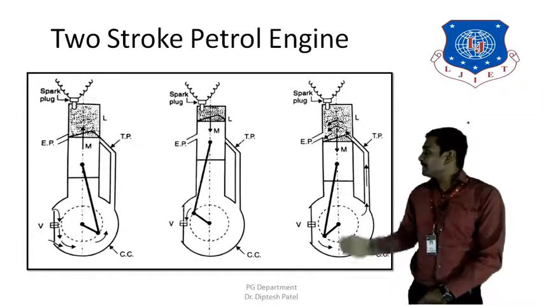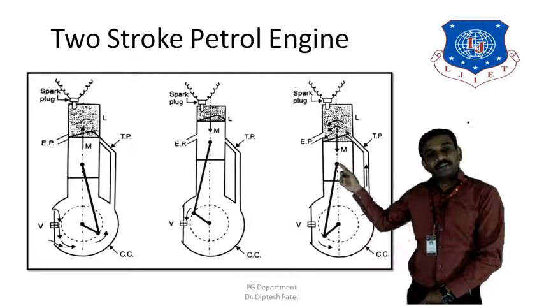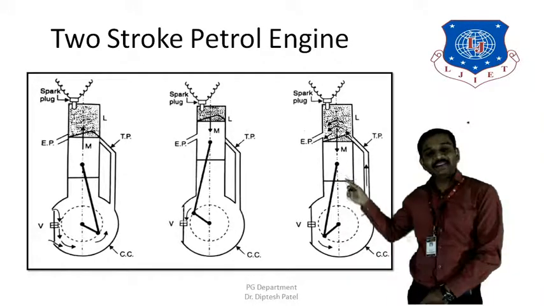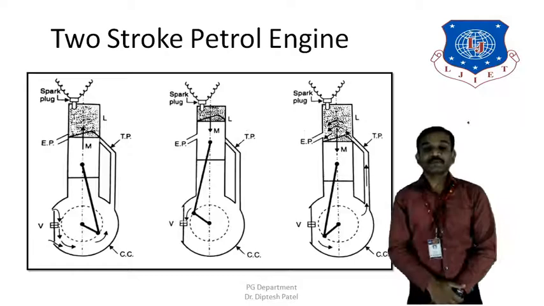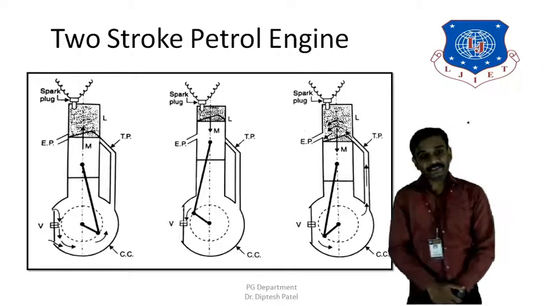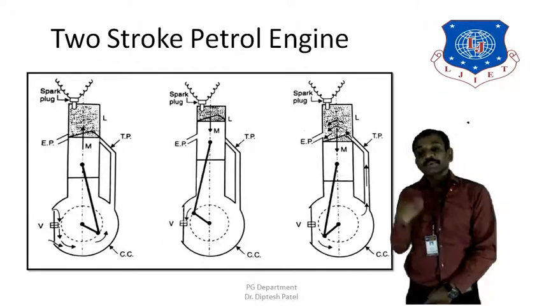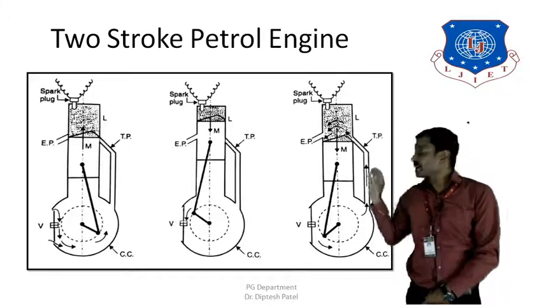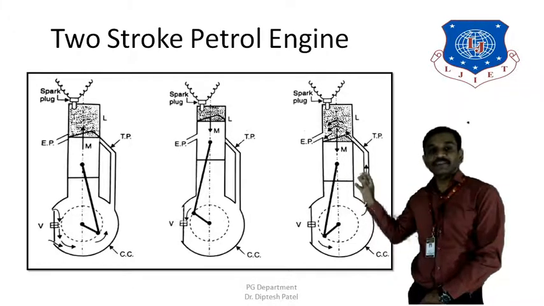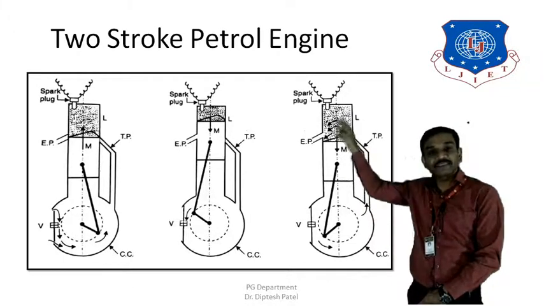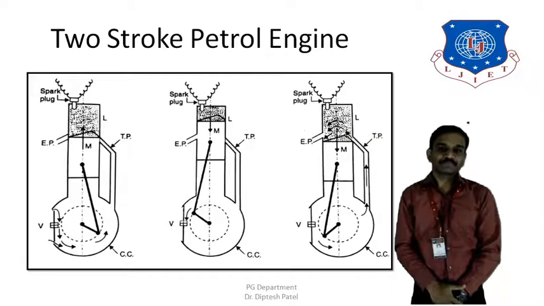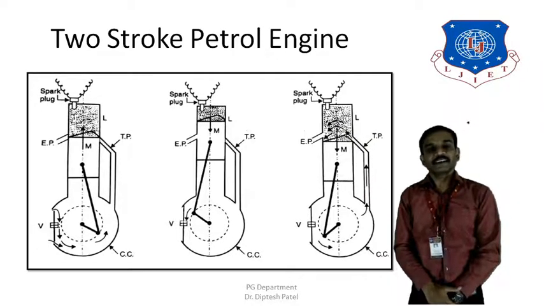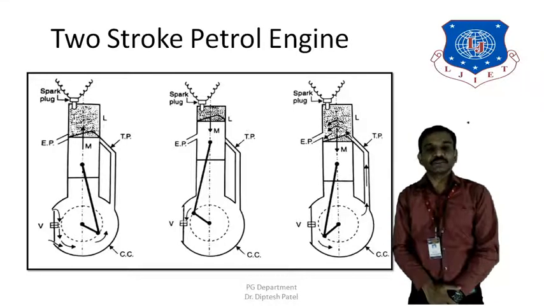Now the fresh air and fuel mixture is taken into the crankcase through the inlet port, which is provided on the crankcase. This mixture remains in the crankcase and then transfers to the cylinder through the transfer port. So in the first one, the exhaust gases leave and the fresh charge enters through the transfer port.